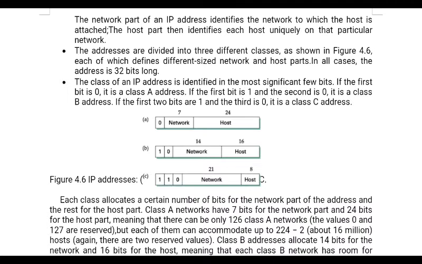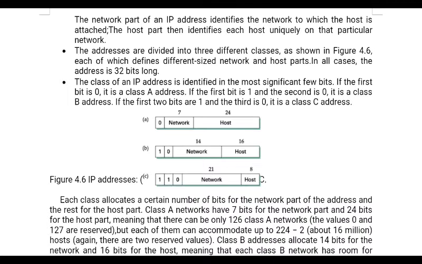So here the address range is from 1.0.0.0 to 127.255.255.255. Up to here you are going to give the IP addresses.